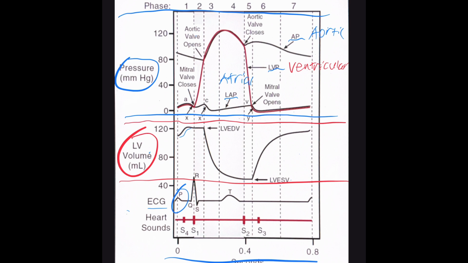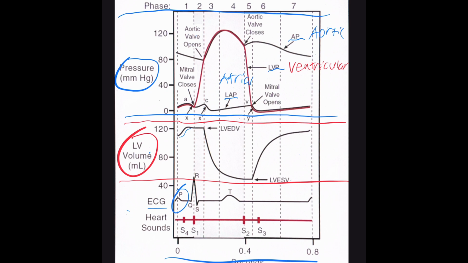As the atrial muscles are squeezing, it's putting pressure on the chamber. The blood is squeezing into the ventricle. So that's why we see the increase in both the atrial and the ventricular pressure, because the pressure goes up in the atria because it's squeezing, and then the pressure also goes up in the ventricle because the blood is filling it. So blood filling and the actual muscular contraction will both contribute to the pressure increasing.